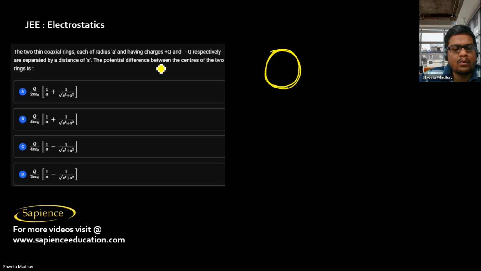The potential difference between the centers of the two rings.